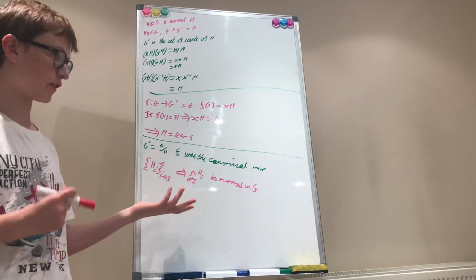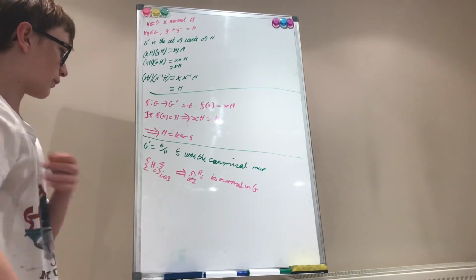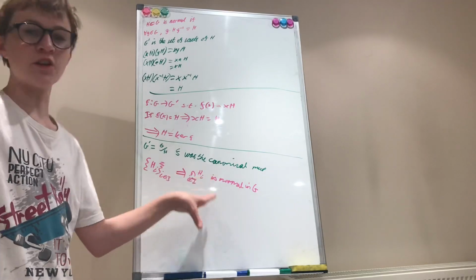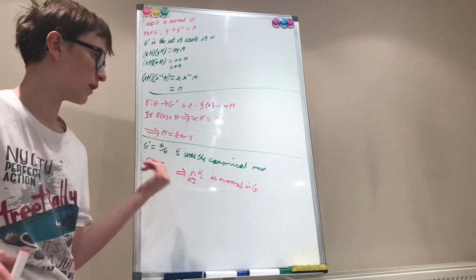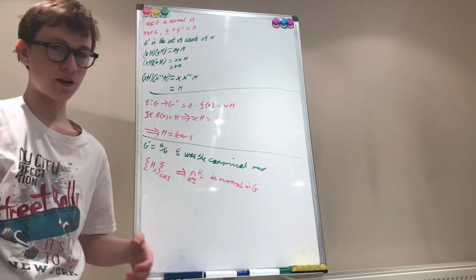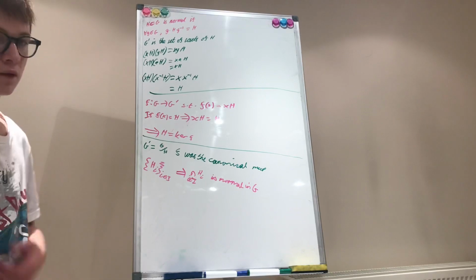Well, because for all x in G, x times one of these H sub i's times x inverse is going to be H sub i.